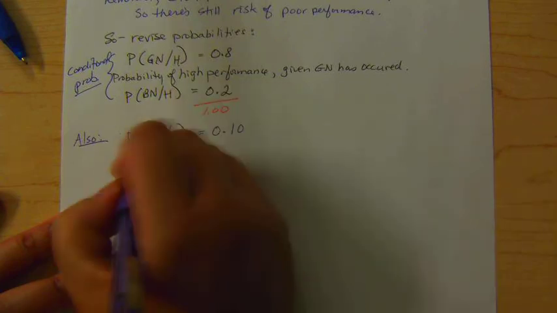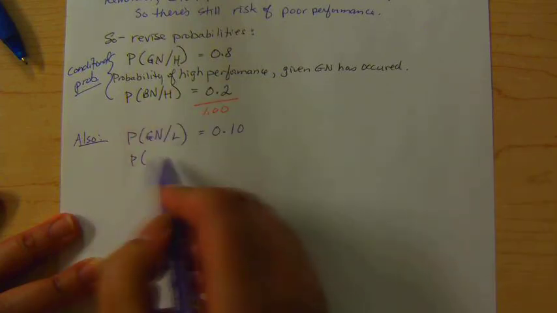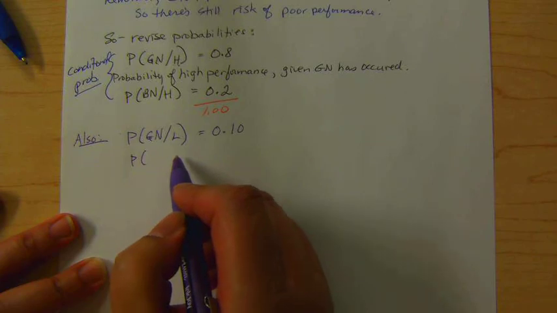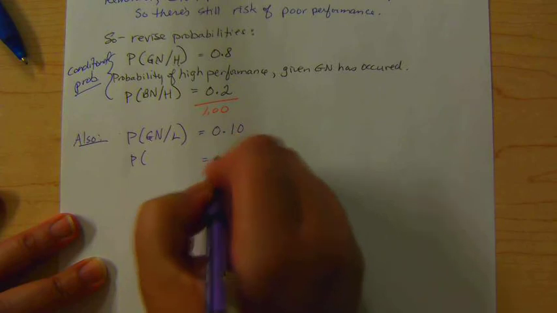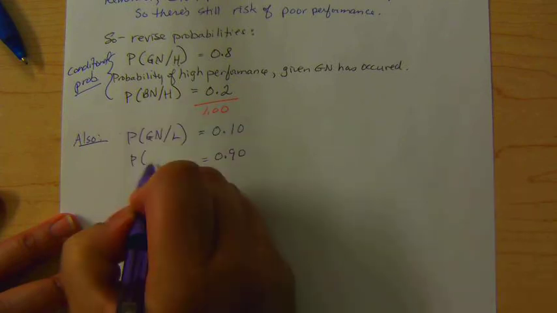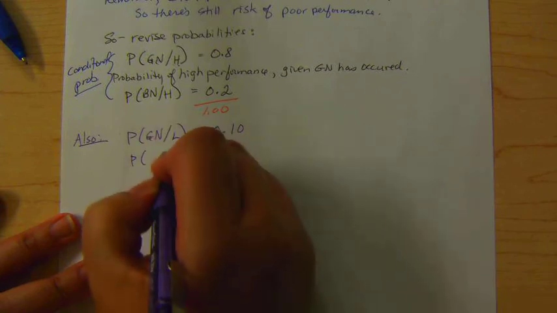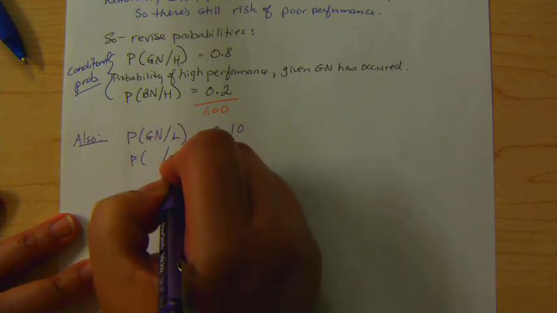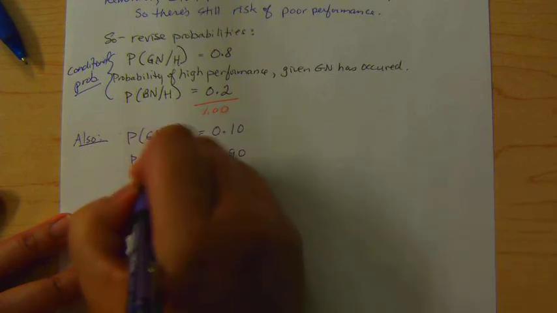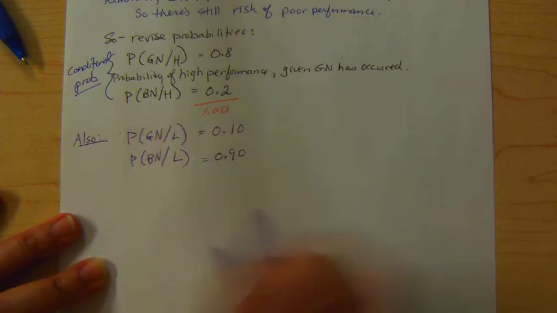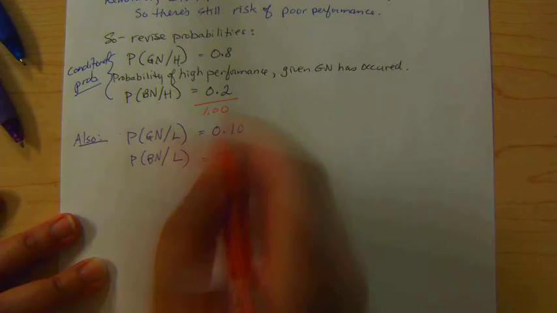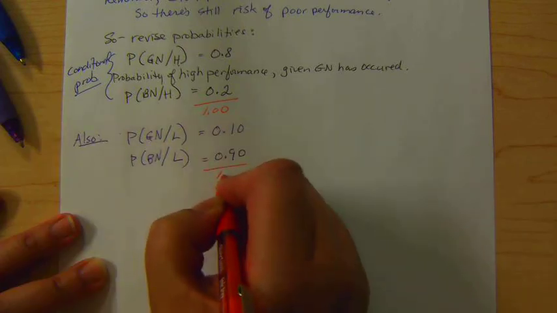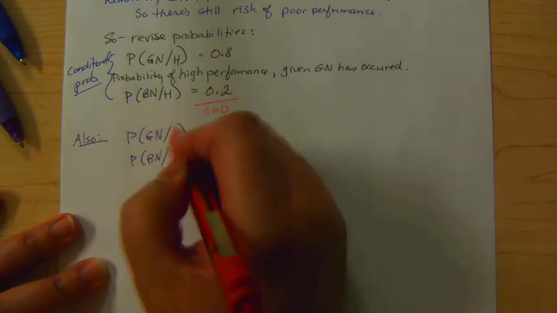And what's the opposite of this one then? 0.9, and it would be probability of low given bad news. And again, they add up to 1. Notice these are paired up and these are paired up.